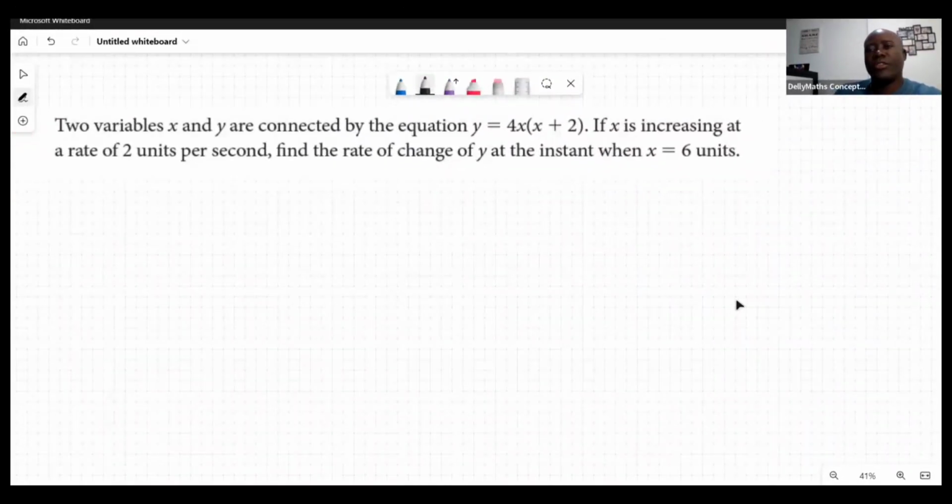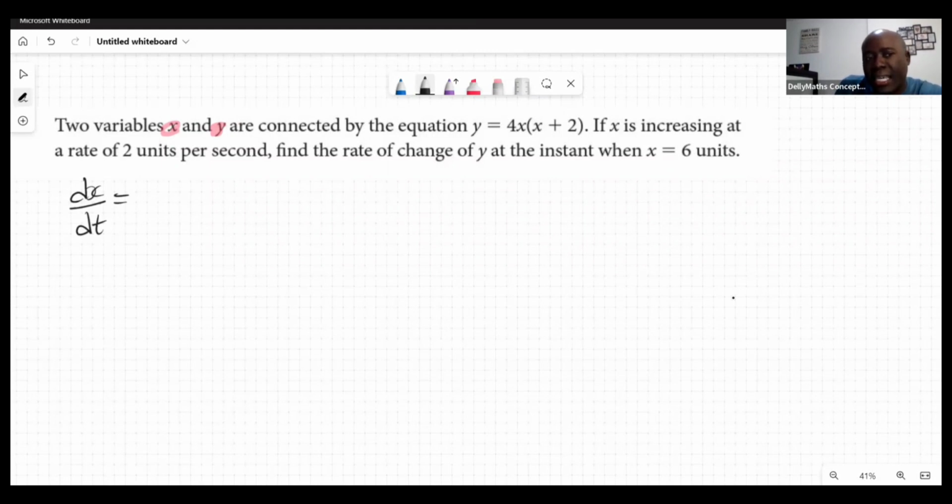All right. So here's another question. This one says that 2 variables, x and y, right? So we have 2 variables, x and y, connected by the equation y is equal to 4x into x plus 2. If x is increasing, so now we're getting dx/dt, because they did say x is increasing, right?